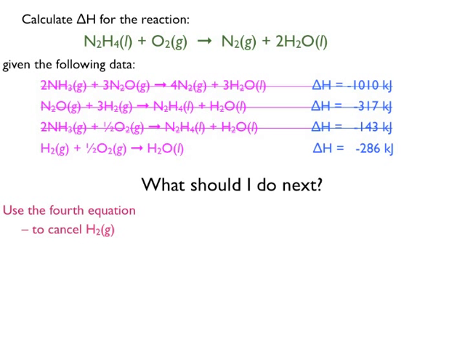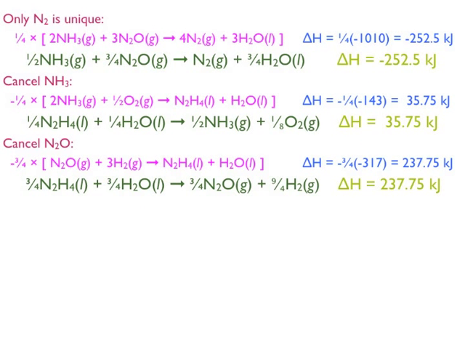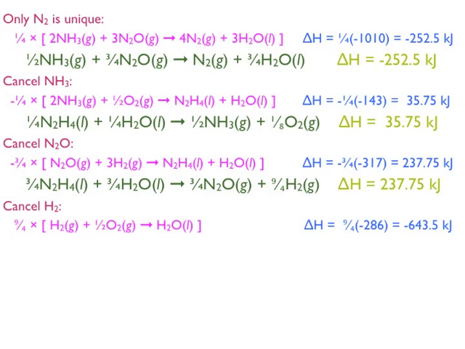The fourth equation has 1 hydrogen on the left, and in order to get the hydrogens to cancel, we need 9/4 of a hydrogen on the left. So we're going to multiply equation 4 by 9/4 and multiply its delta H by 9/4. And when we do that, we get -643.5 kilojoules for that equation.